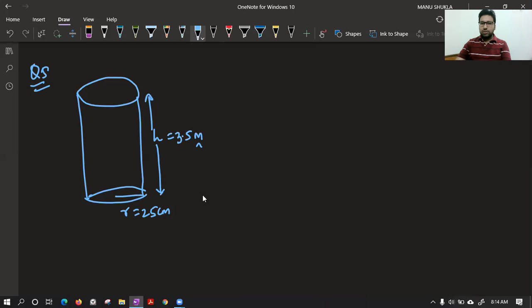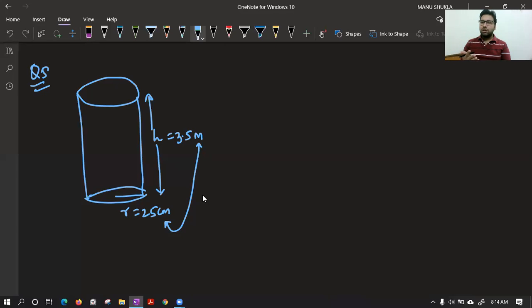So the first thing I noticed is different units. Now I have to decide whether I have to make meter into centimeter or centimeter into meter. For that, read the question. Find the cost of painting the curved surface of the pillar at the rate of 12.5 per meter square. The cost given to you for the painting is rupees 12.5 per meter square.